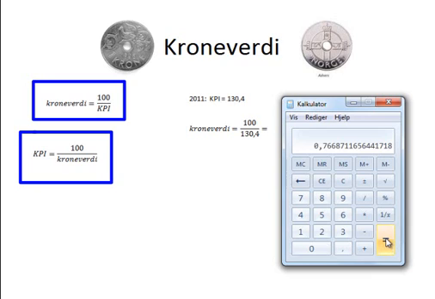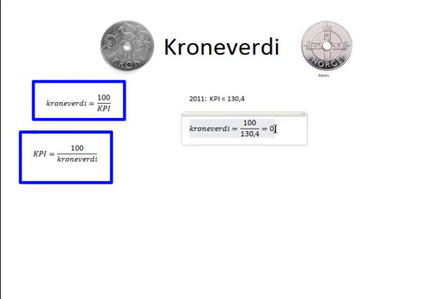We usually use 4 numbers after the 0. So this time we're going to write 0.7669. So that is the kroneverdi for 2011.